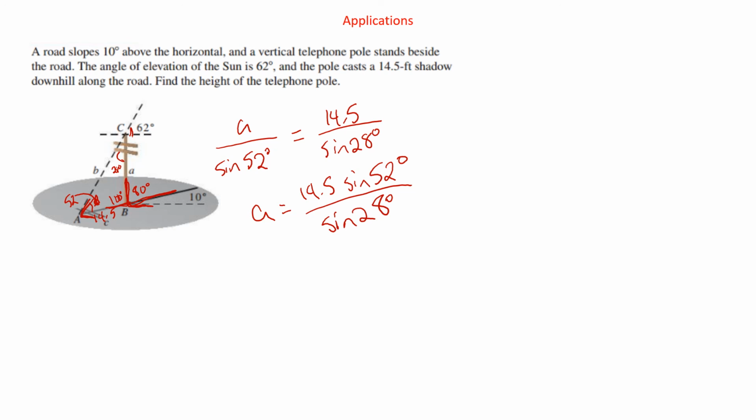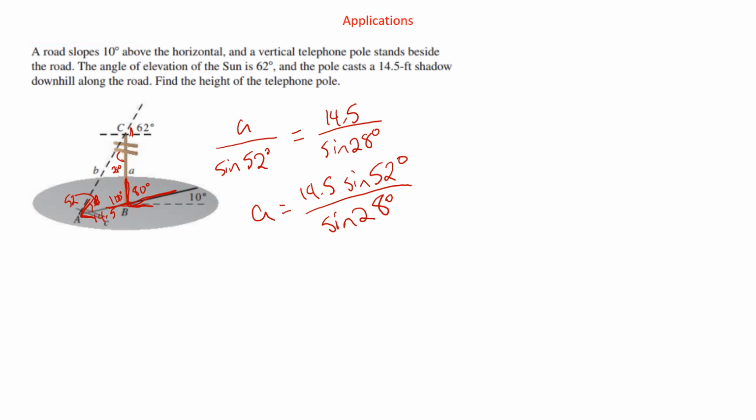So we have sine of 52 times 14.5 divided by sine of 28 gives us 24.338.